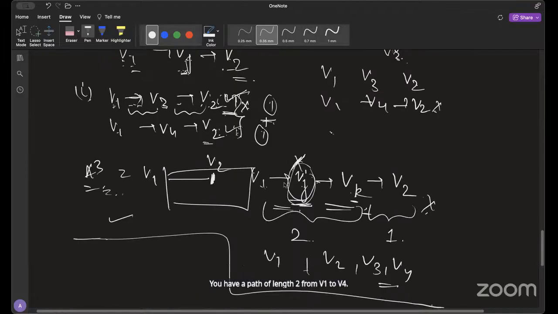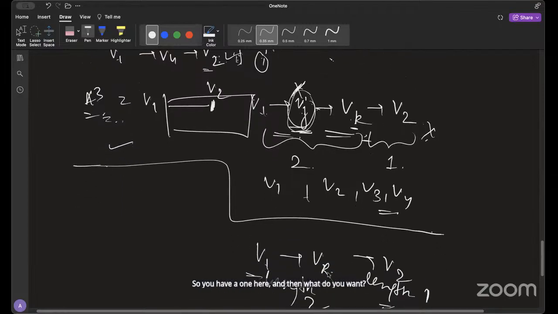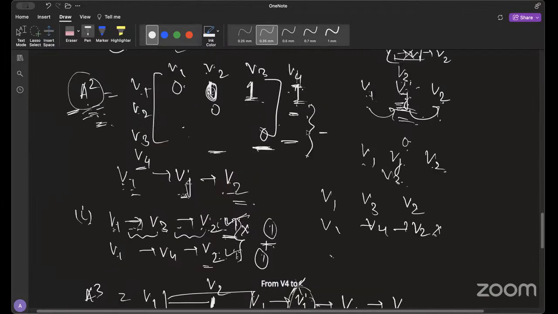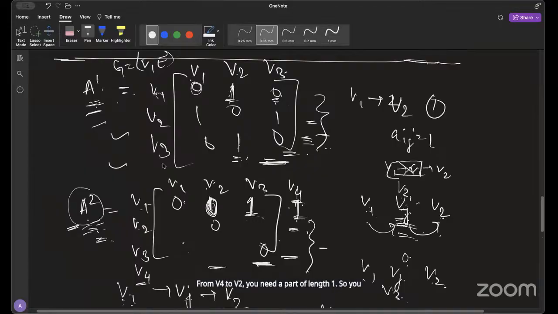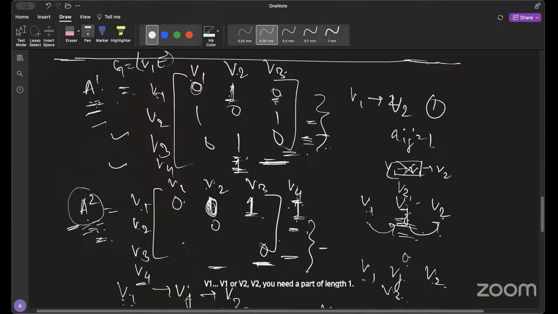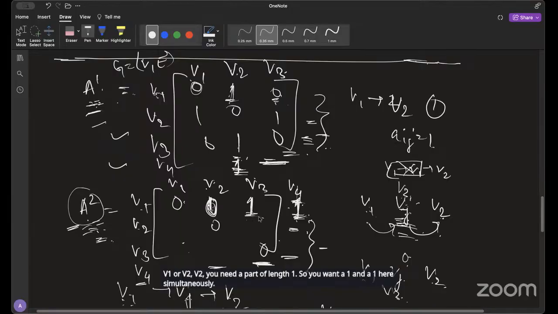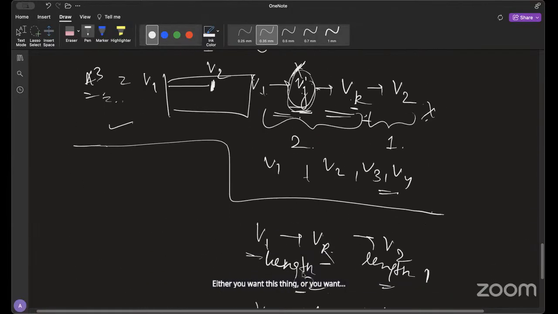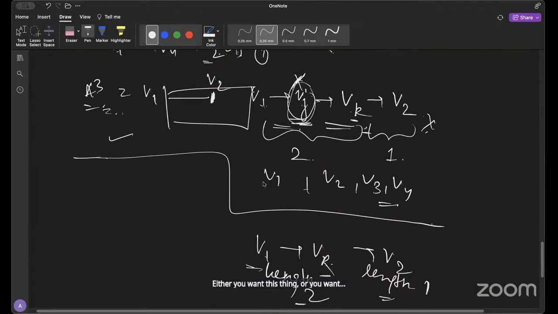So you have a 1 here, and then what do you want? From v4 to v2, you need a path of length 1. So you look at this one. So from v4 to v1 or v2? V2, you need a path of length 1. So you want a 1 and a 1 here simultaneously. Either you want this thing, or you want v1 to v3.